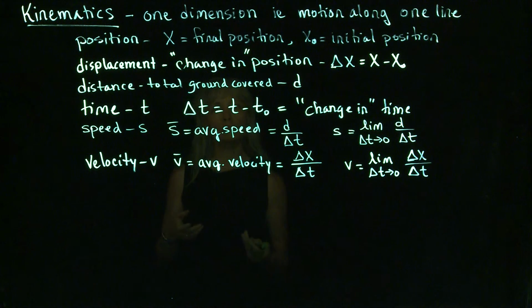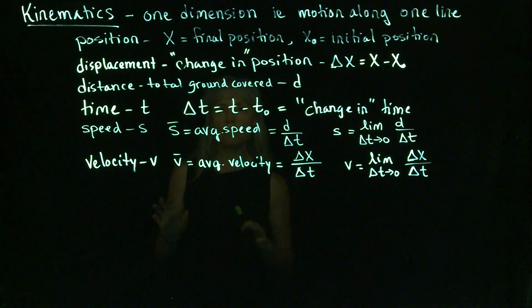If the object moves so that its final position is more south than its initial position, then I'm going to have a negative value for delta x, and subsequently my average velocity will be negative. Notice that that's a big distinguishing feature between average speed and average velocity.